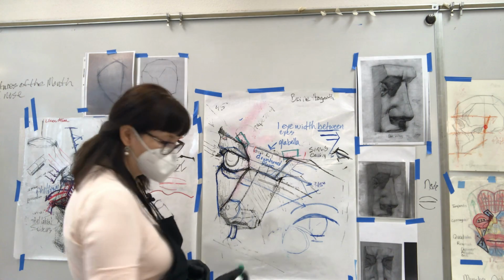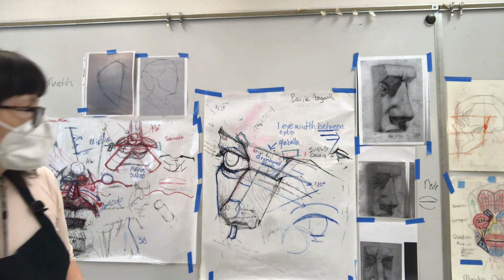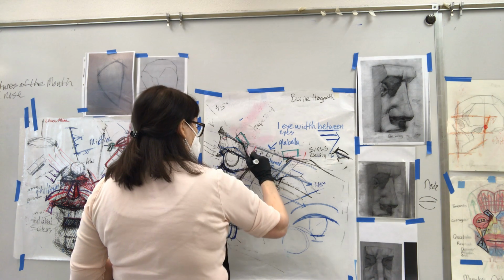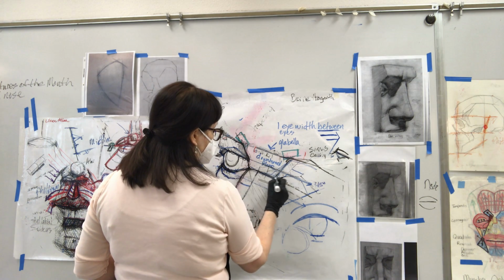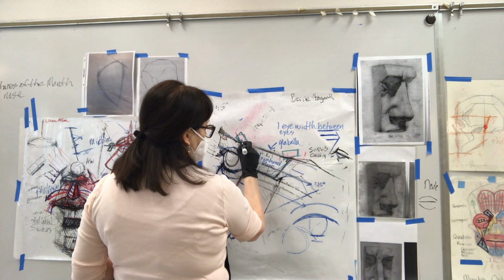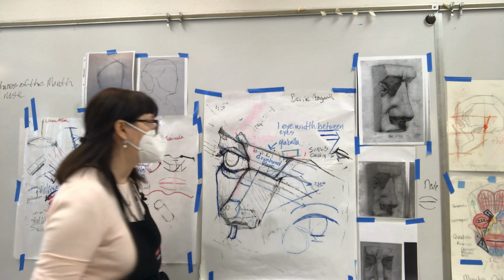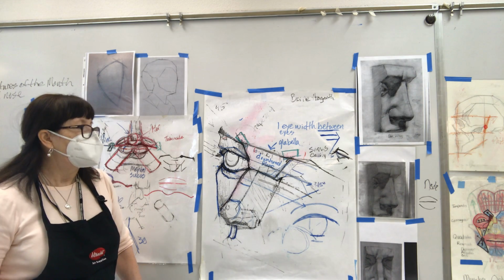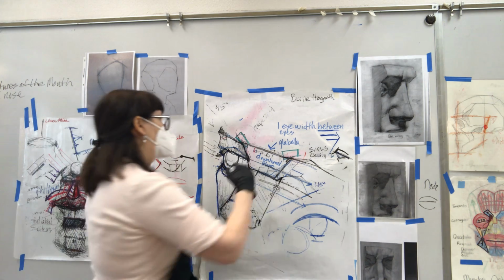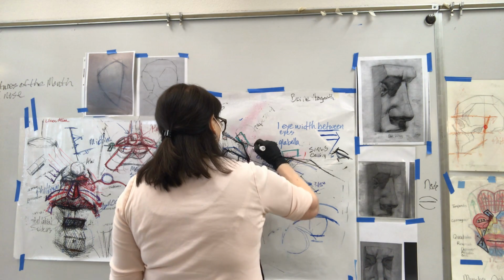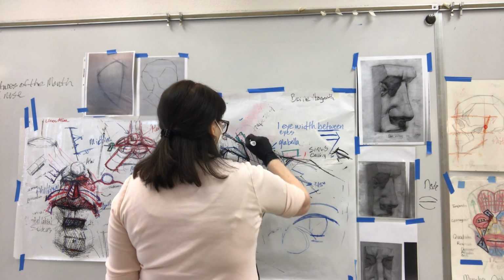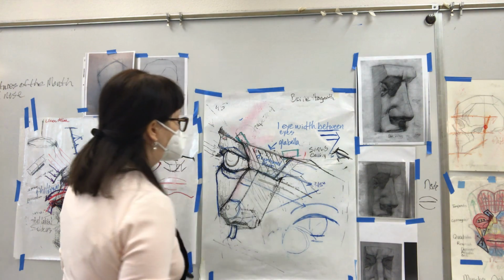So we have this form of the glabella. Now that glabella is a downturned plane. It faces away from the light. It is unique to that model, and it turns down and under. So this plane is downturned, and it's the beginning of the nose root.